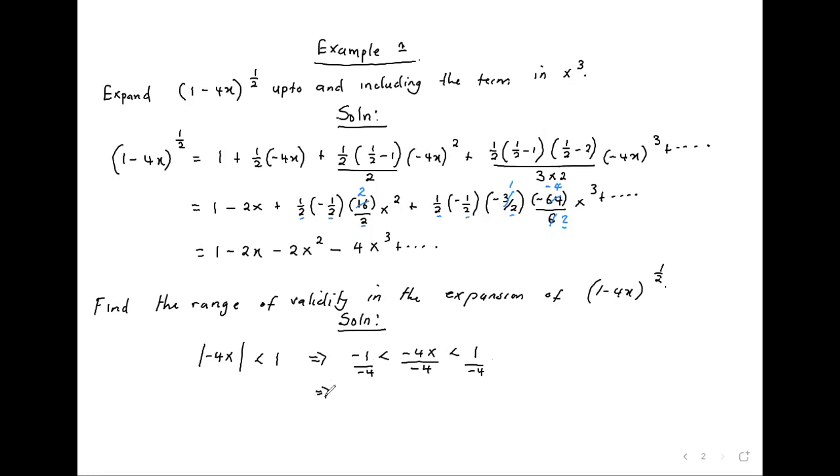We'll get that 1 over 4 is greater than x, which is greater than -1 over 4. And this is written as -1 over 4 less than x less than 1/4.